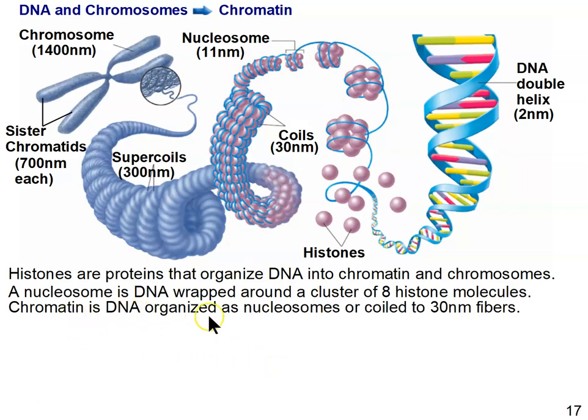Chromatin is DNA organized as nucleosomes. So in other words, as soon as the histones cluster and the DNA wraps around them, that can be considered chromatin.